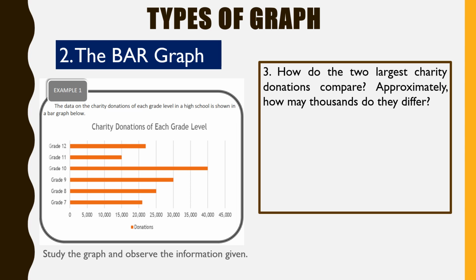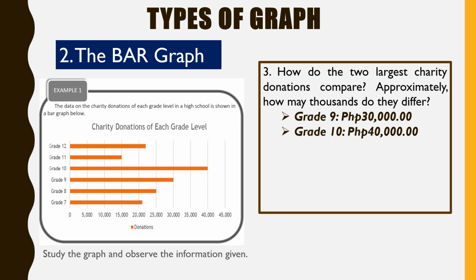For question number 3, how do the two largest charity donations compare? Approximately how many thousands do they differ? As we can see in the graph, the two largest donations are from grade 9 and grade 10, which is 30,000 pesos and 40,000 respectively.